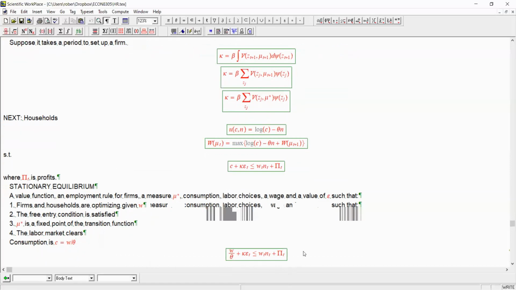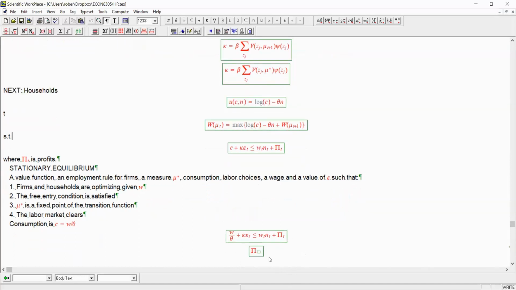Next, notice that by definition, the profits earned by any firms here are going to equal the following.